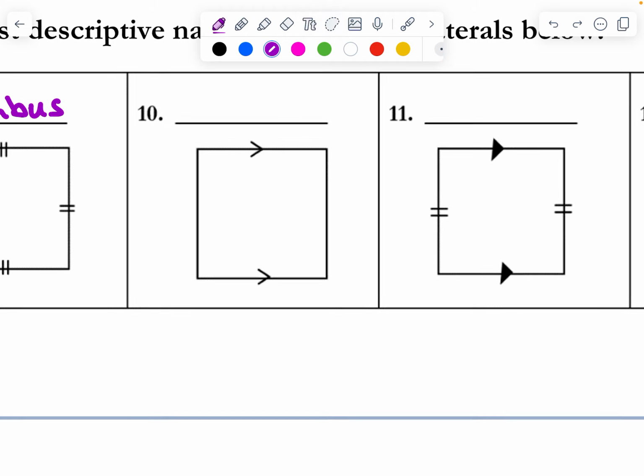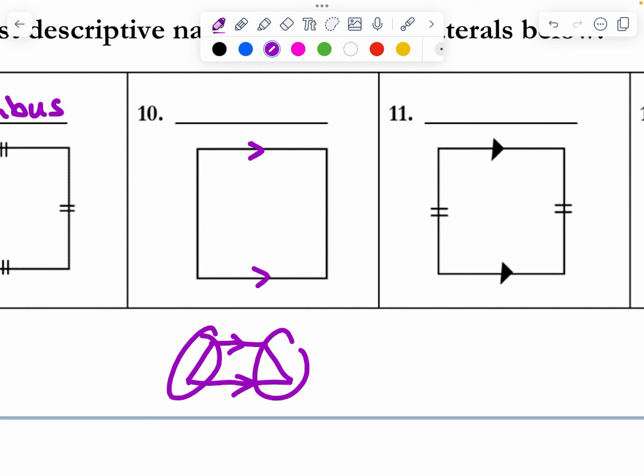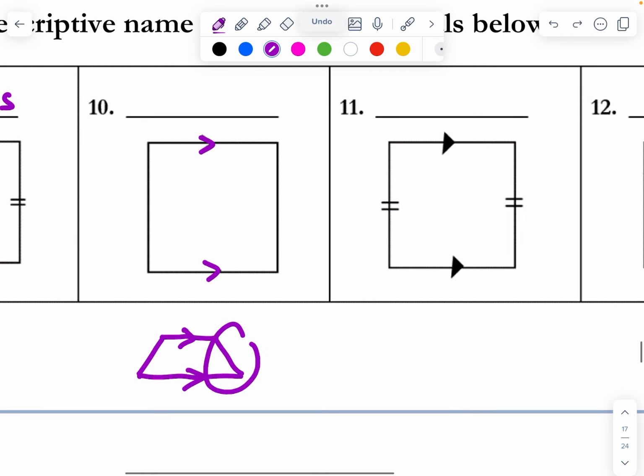Now here, again, I have two parallel lines, but we don't know the length of these. And because we don't know the length of these, if I were to change this a little bit, just so that we can see a different view of what they're showing us, not to scale, or I guess more to scale, you can kind of see this looks a little bit like an isosceles trapezoid, and that was not on purpose, but you can see that this makes a trapezoid.